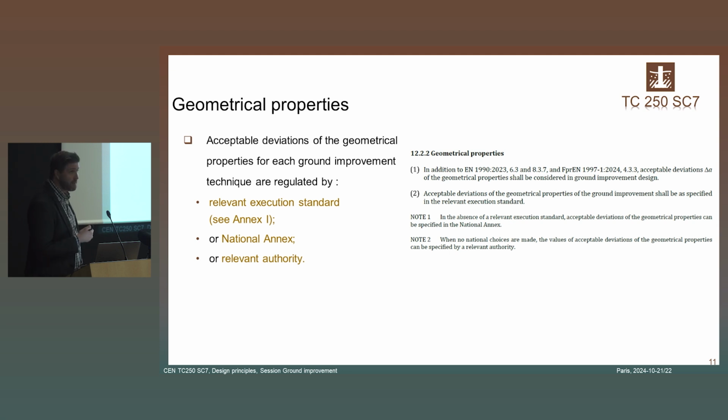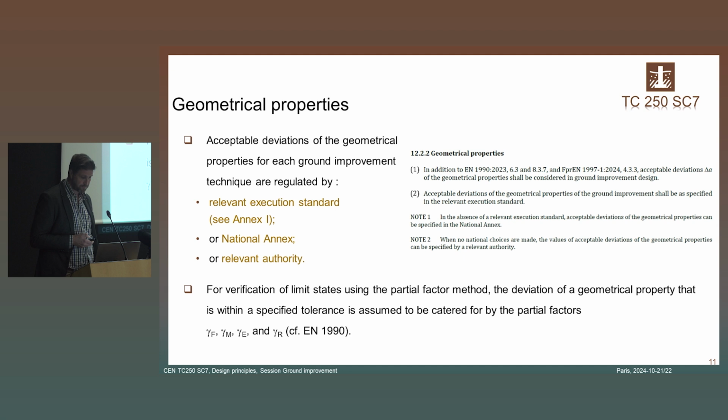You have a list, taking into account the execution process that you use, given in Annex I of the third part of this Eurocode 7. If you have nothing in the execution standard, you can rely on the National Annex, and in the absence of information in the National Annex, you can use the requirements of the relevant authority for your project.